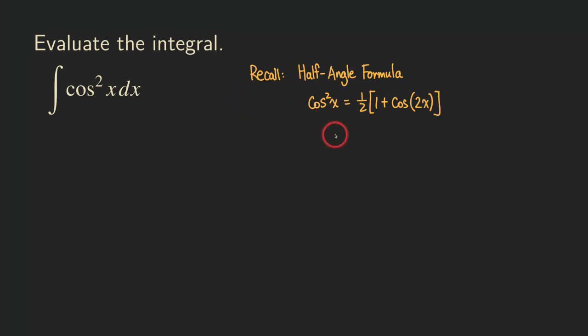Now this x right here is the angle, so the angle is x, and then we are going to have 2x right here. So this angle is double of that angle, or we can say that this angle is half of the angle on the right hand side of the equation.